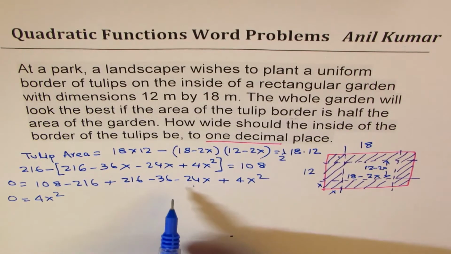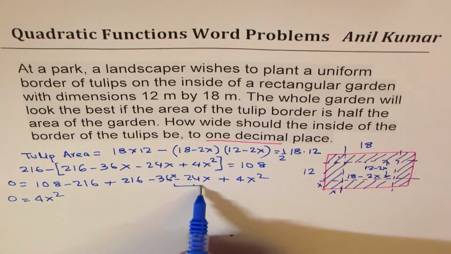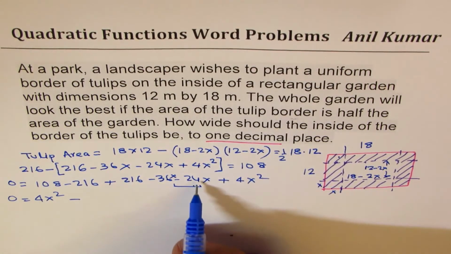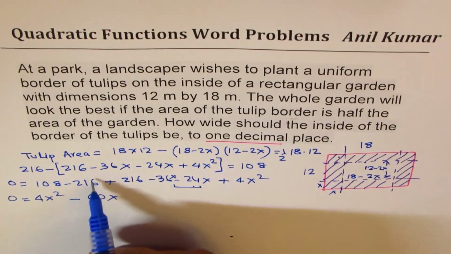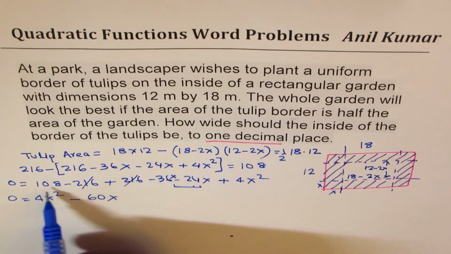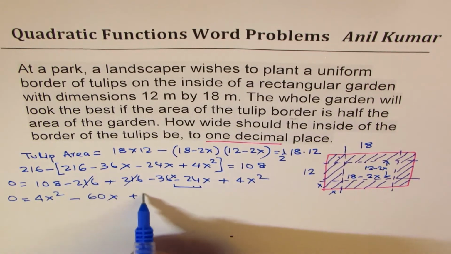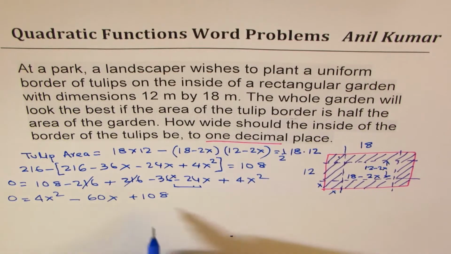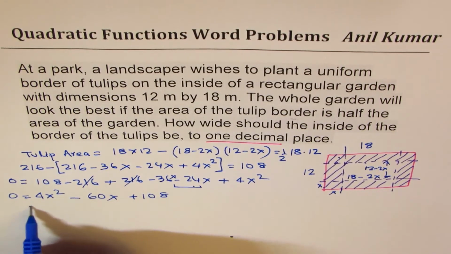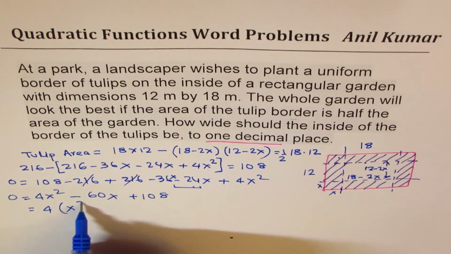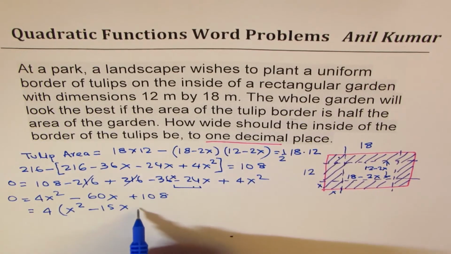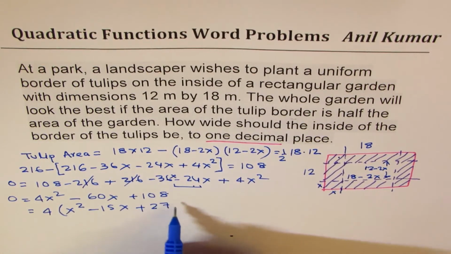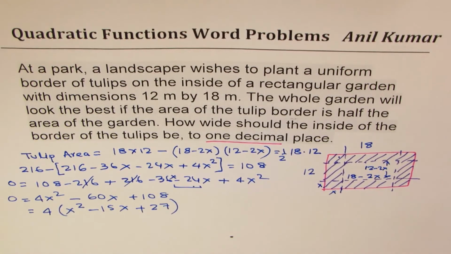We have these two as x terms, which will give us minus of 60x, and this cancels out. And what we have is 108, so plus 108. We could divide them all by 4, so we could write this as 4 times x square minus 15x plus 27. So that's what you get, right? So we get x squared minus 15x plus 27.